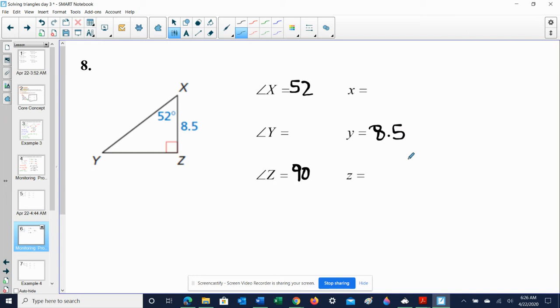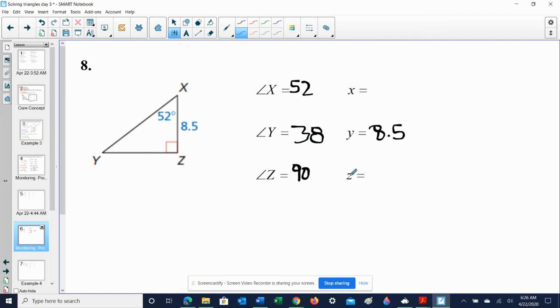How am I going to solve this one? Well, I can get angle Y right away. Angle Y is 90 minus 52. What is 90 minus 52? Should be 38, right?